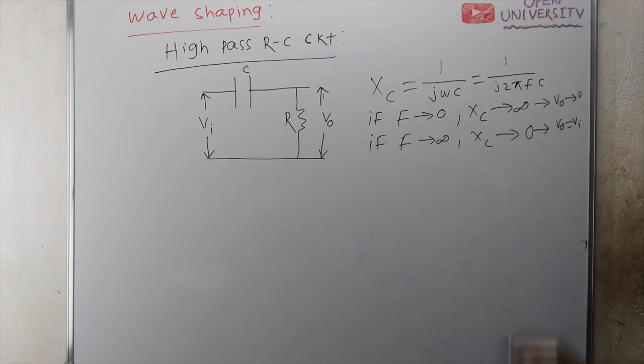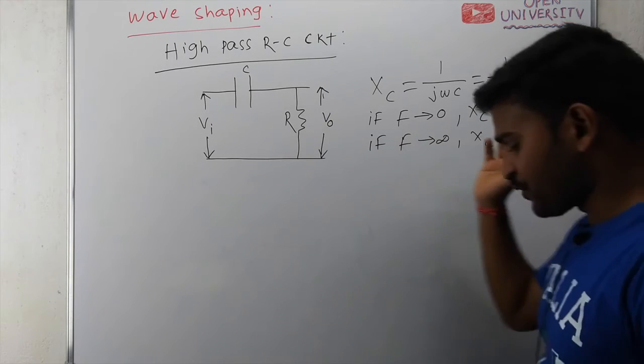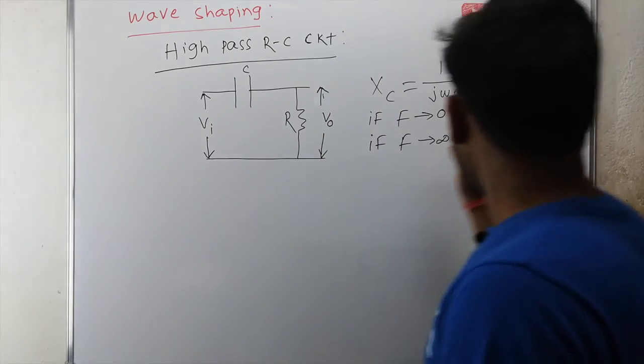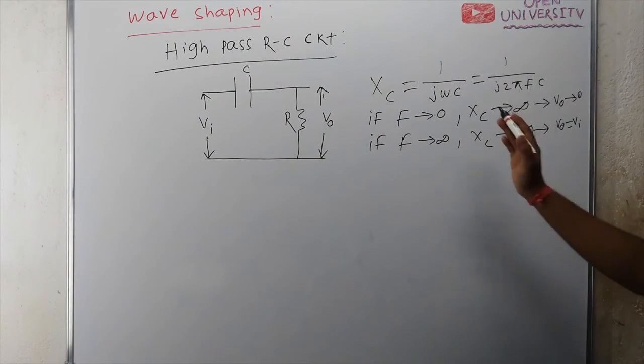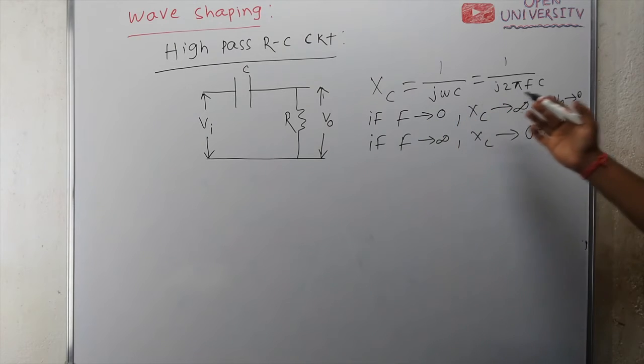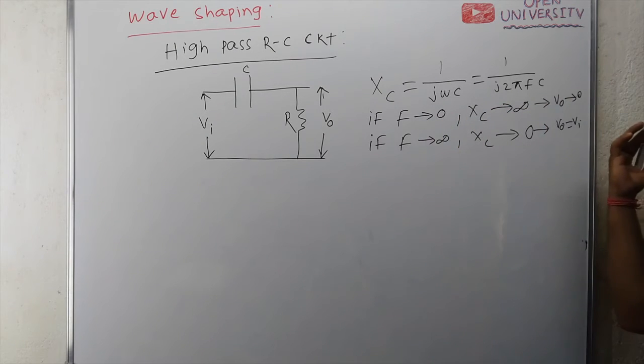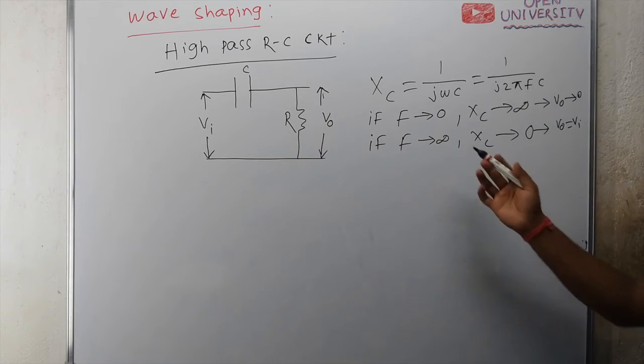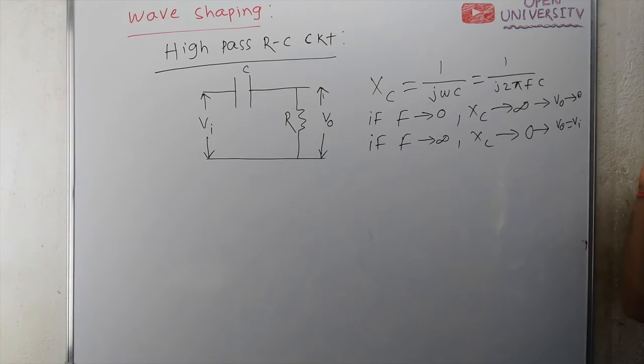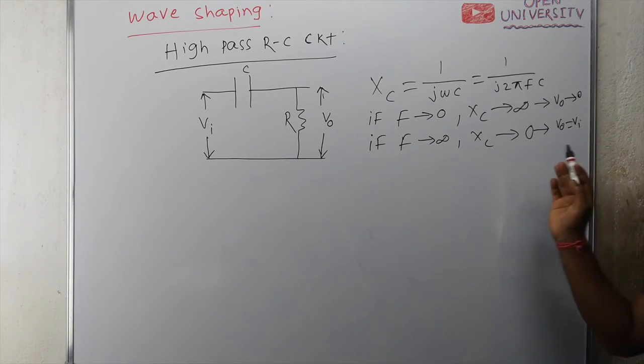That means when input signal frequency is 0, no output is obtained. And when input signal frequency is very high, output is same as input voltage, or you can say output is obtained. That means low frequencies are rejected because for low frequency the output is 0, and high frequencies are allowed.